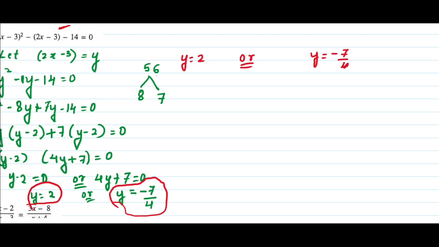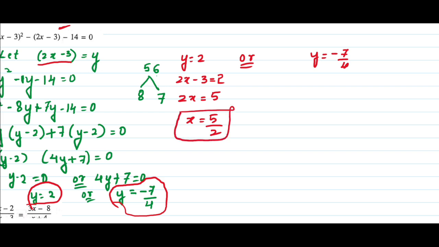So what if y is equal to 2? I'll get 2x minus 3 is equal to 2, so 2x is equal to 5, and x I'll get as 5 divided by 2. So this is one solution I got here.